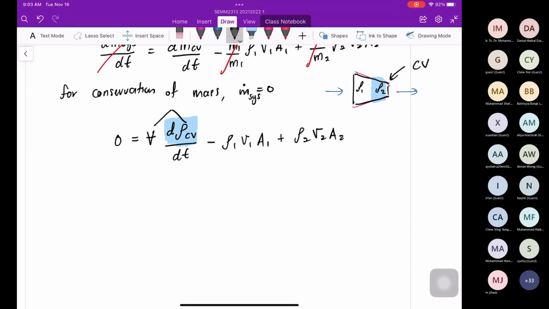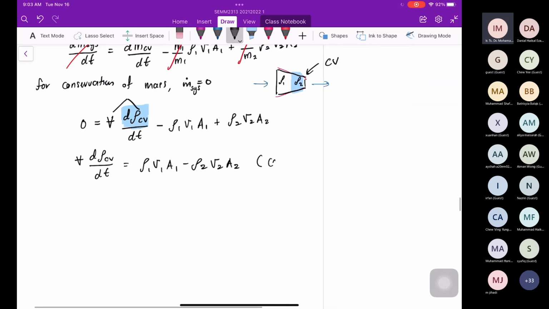Alright. We can rearrange this equation. We will get V d rho CV over dt equals rho 1 V1 A1 minus rho 2 V2 A2. This is what we call the continuity equation.